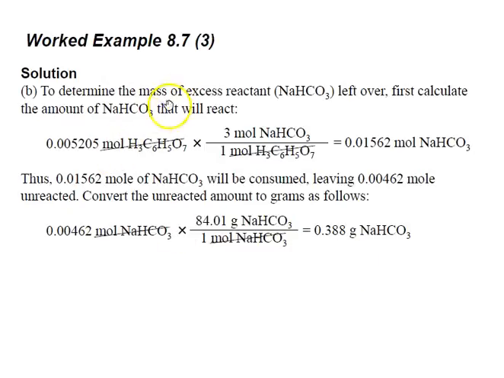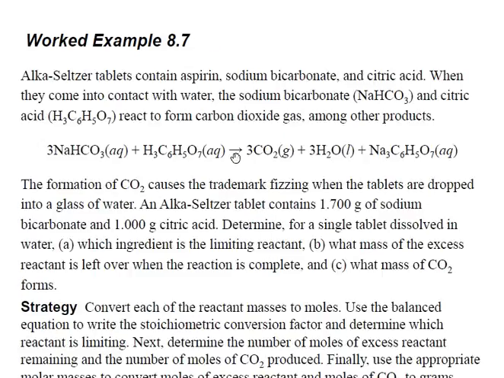So to determine the mass of the excess reactant, which is the sodium bicarbonate left over, first calculate the amount of sodium bicarbonate that will react. So we have the 0.005205 moles of citric acid. Here's our ratio from the balanced equation, which are these values here: 3, 1, 3, 3, and 1.